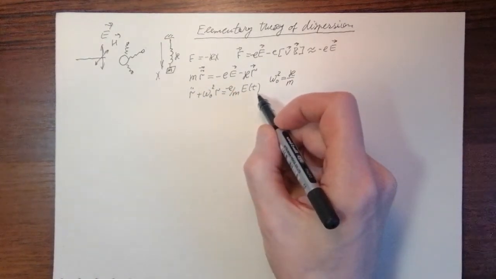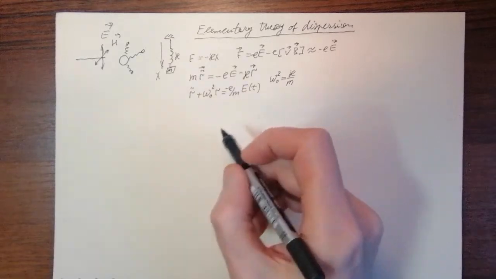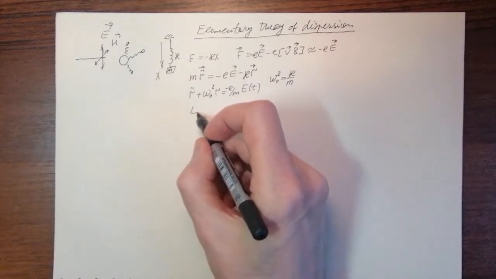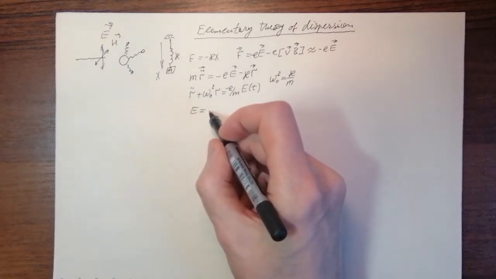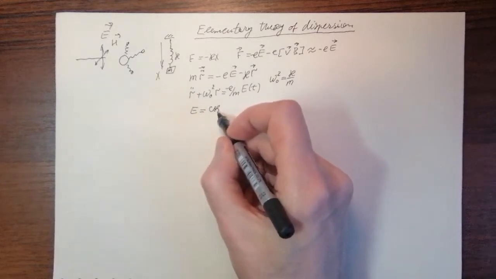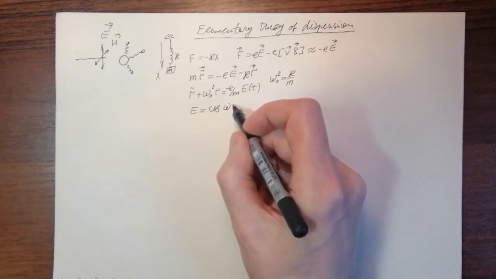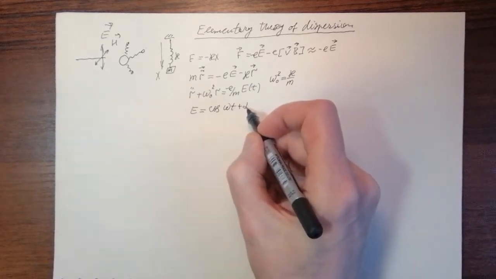What is E of t? E of t is the electromagnetic oscillations, which are cosine of omega t plus alpha.